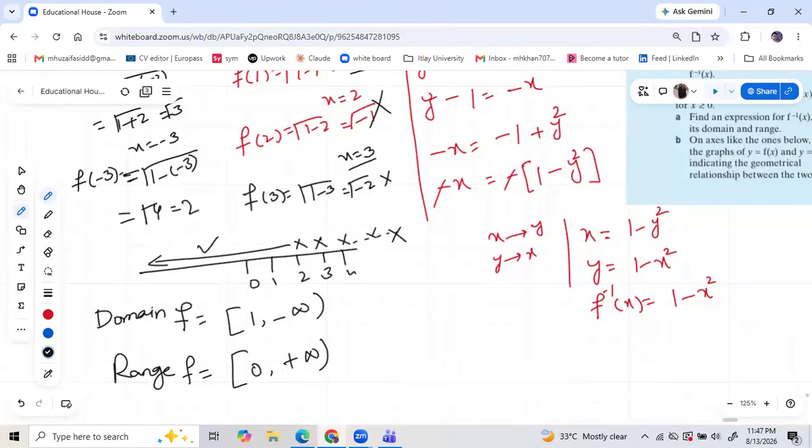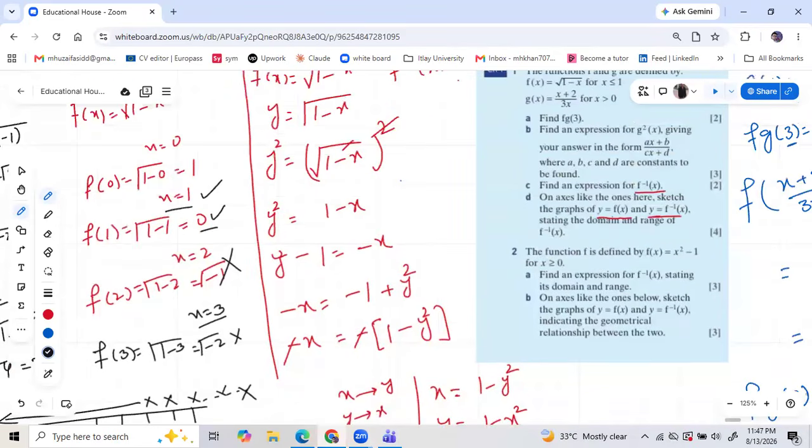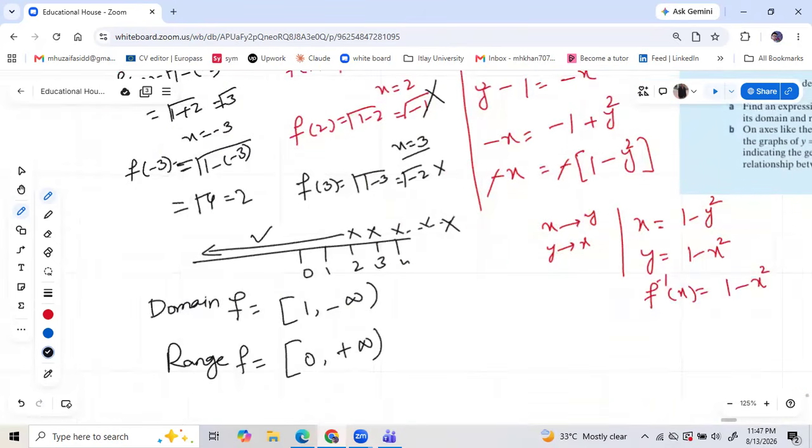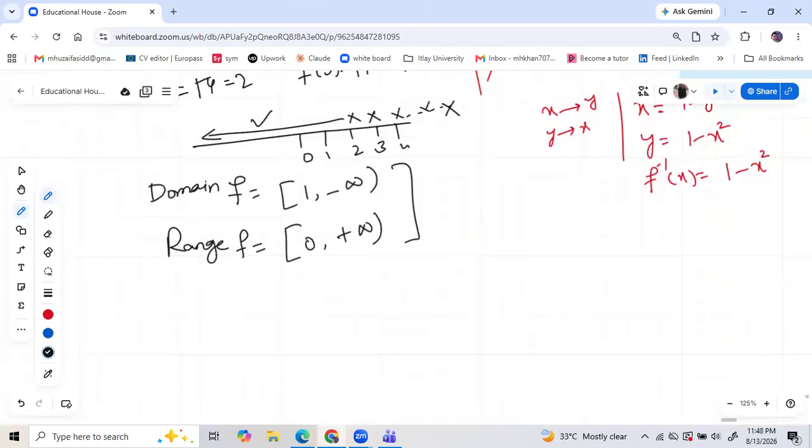And what was our target? Our target was to find the domain and range of the inverse function. But here I'm just finding the domain and range of the original function. So what should I do?